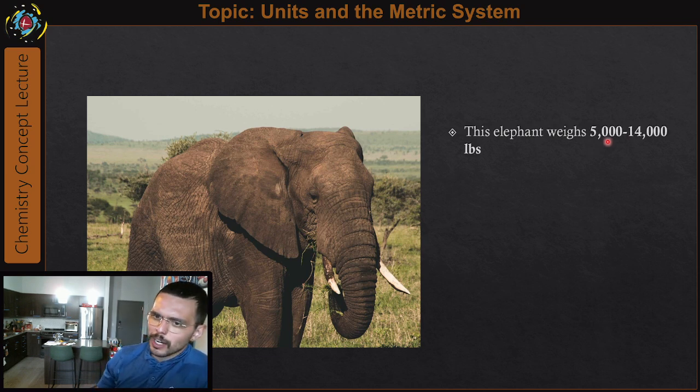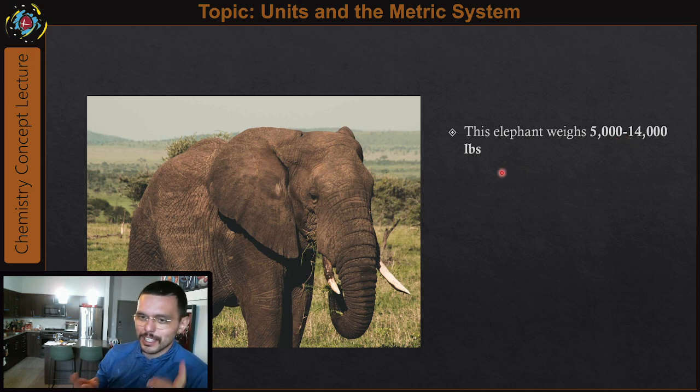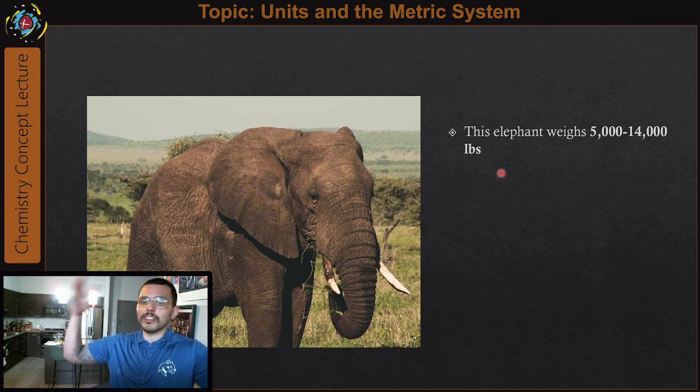We can also describe this creature as being 5,000 to 14,000 pounds, which is in the opposite direction. We are describing a lot of smaller units. So instead of thinking about it as a little bit of big things, we think about a lot of little things. They both describe the same creature, this elephant, but now we are describing them differently.